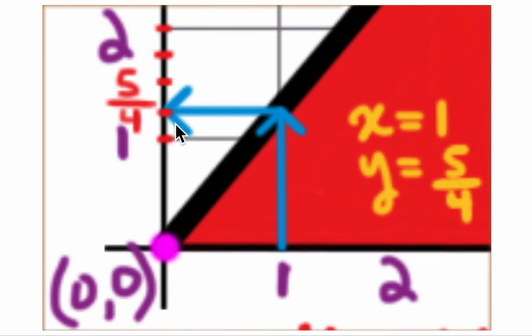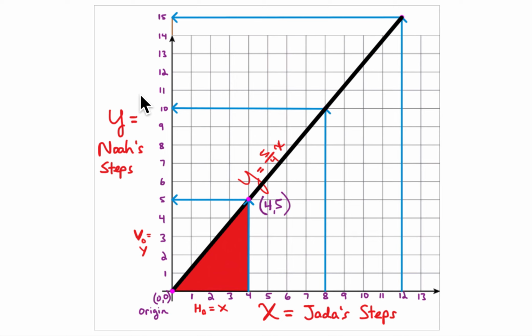So let's just keep it at a single step. For Jada, it is 5/4 steps for Noah. So y is equal to 5/4. Once again, this is called the unit rate. So 1 unit, 1 of Jada's steps, equals how many units for Noah? It equals 5/4. So again, the unit rate.